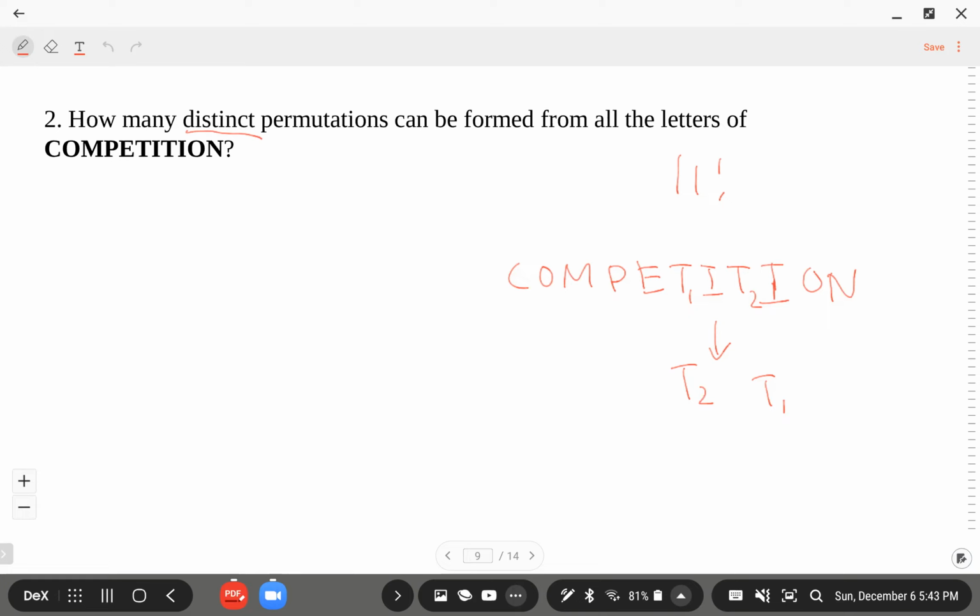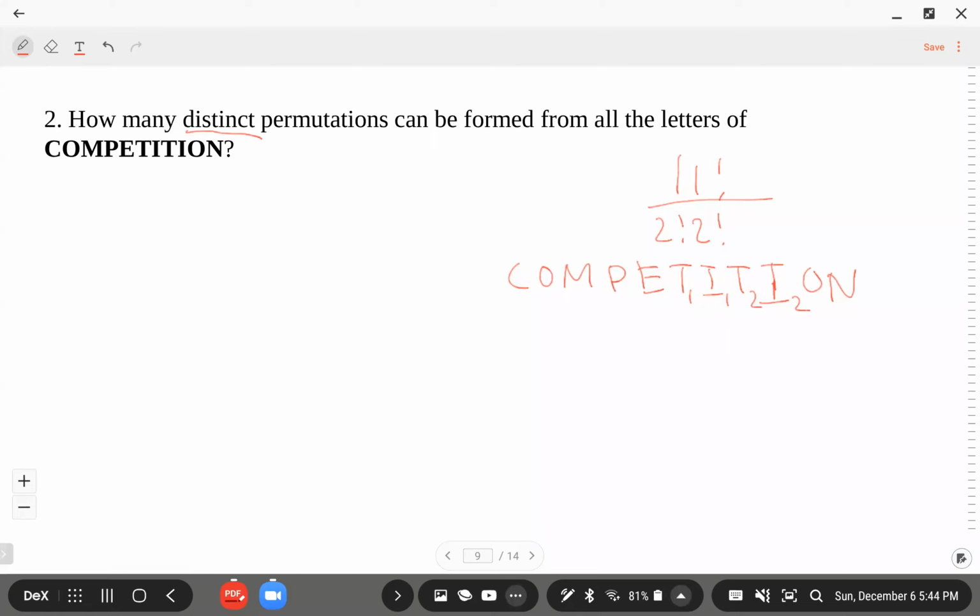So basically, from 11 factorial, you're going to divide by 2 factorial, because we divide out the permutation of these 2 T's. Now, what other same letters do we have? We have T1 and T2, and then we have I1 and I2, another 2 factorial.